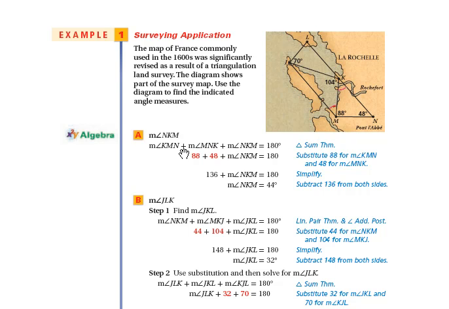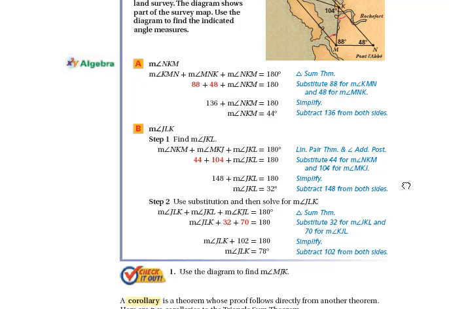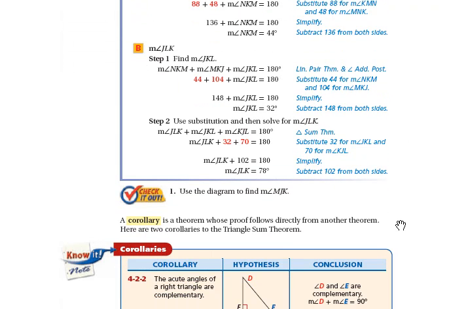So for example, this first one, find the measure of angle NKM, this angle right here. If you know 88 degrees and 48 degrees, you can subtract that from 180 and get your angle, 44 degrees. So you're just filling in these other angles using that theorem.